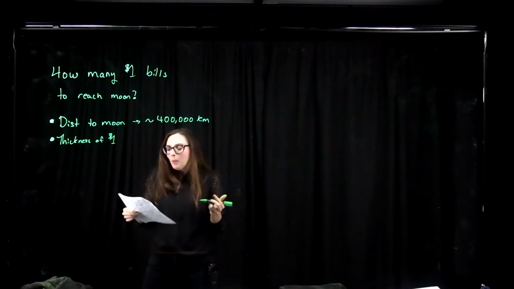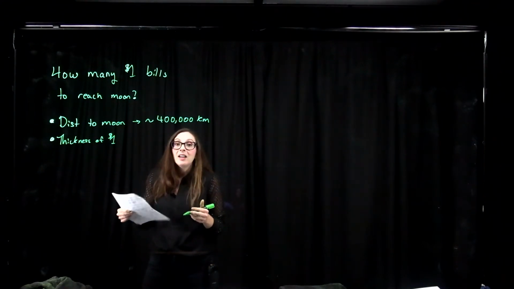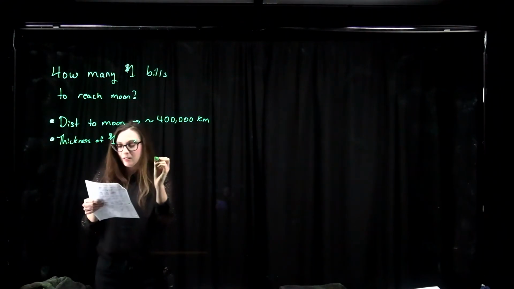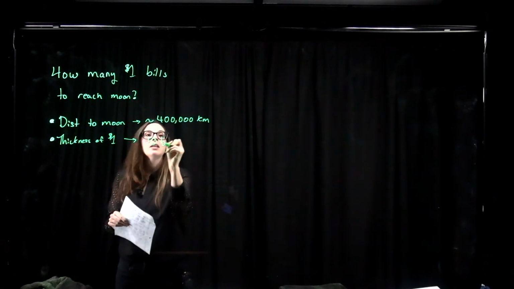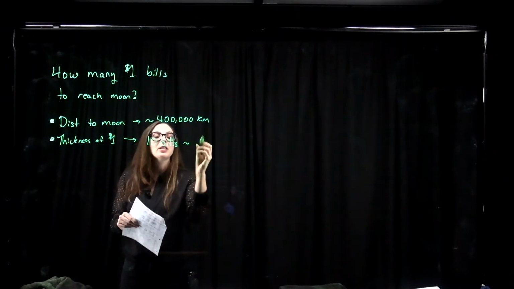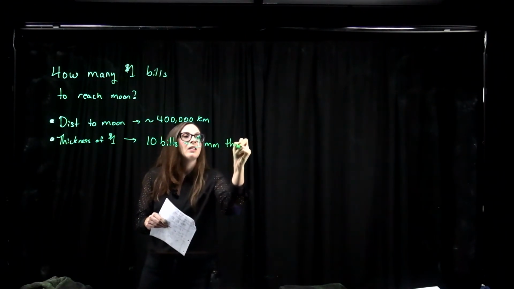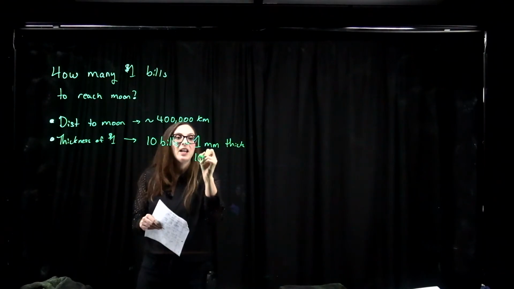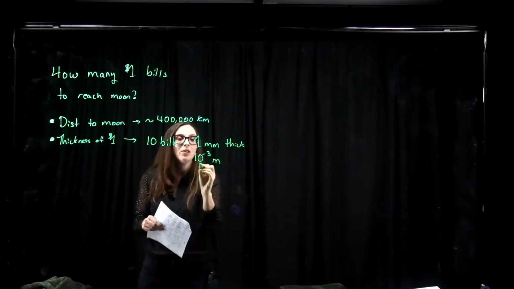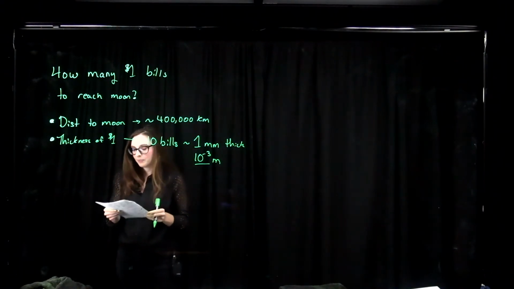So I'm going to estimate that about 10 bills is approximately 1 millimeter thick. 1 millimeter is 10 to the minus 3 meters. Milli is 10 to the minus 3.